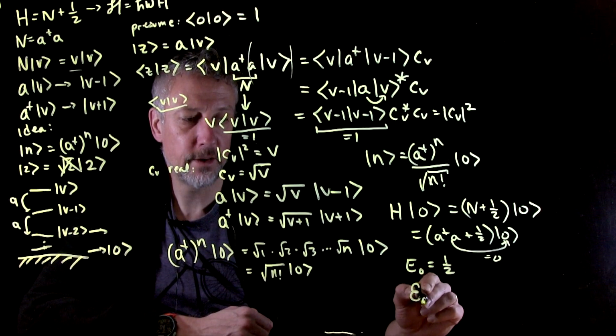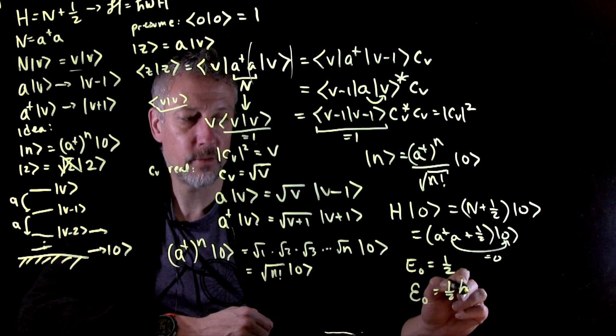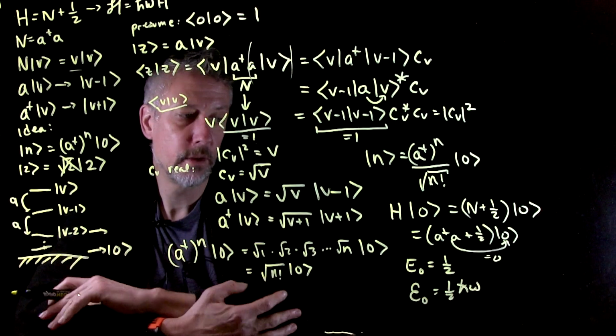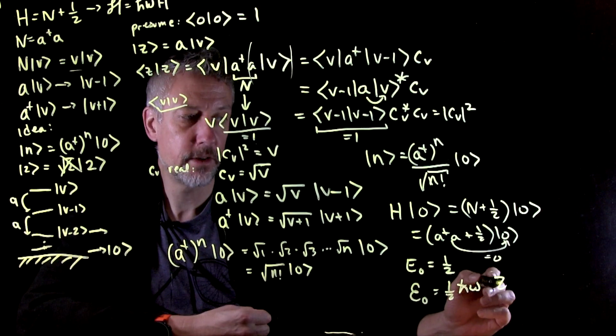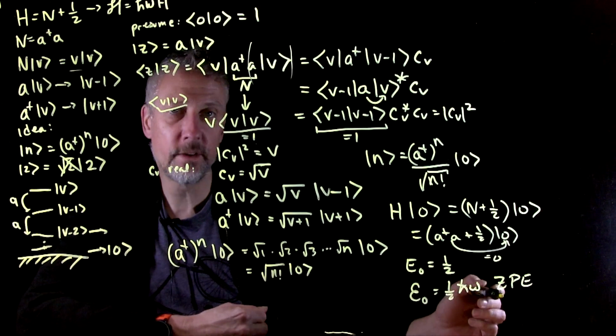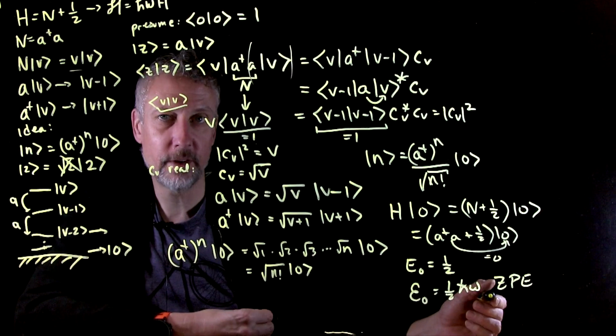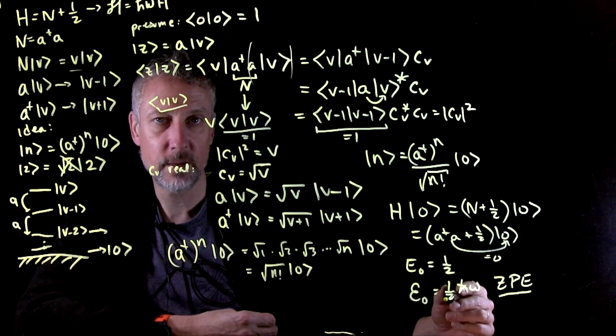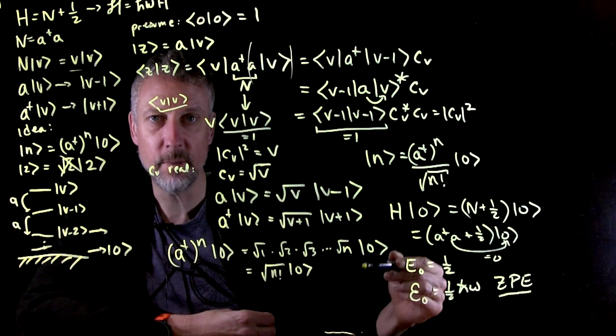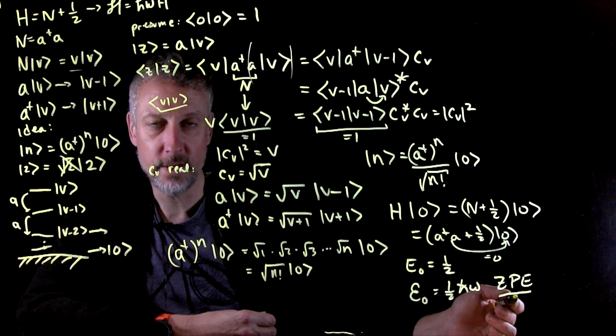The script energy of the ground state is equal to 1/2 h bar omega, the usually expected minimum energy, the so-called 0-point energy. For some reason, in a lot of textbooks, especially in chemistry, people usually only discuss the 0-point energy when they're talking about the harmonic oscillator. But if you look at any bound system, there will be a 0-point energy.